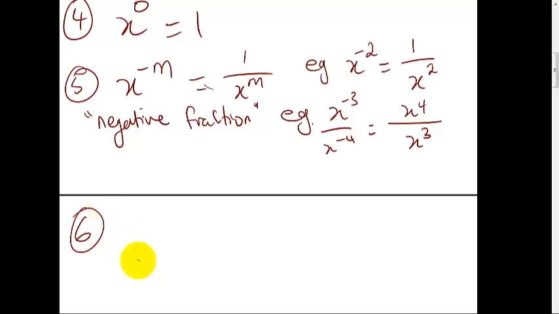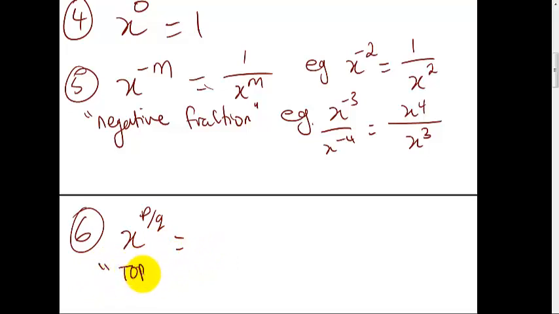So number 6. And this is the last one out of all. So x to the power of a fraction. I want you to see this as either 2 of these.